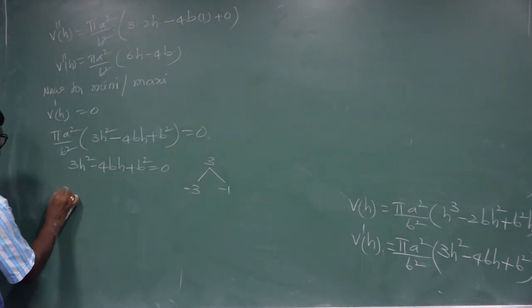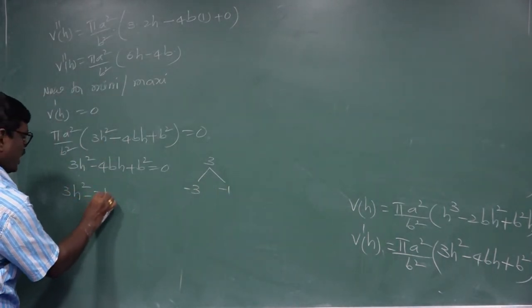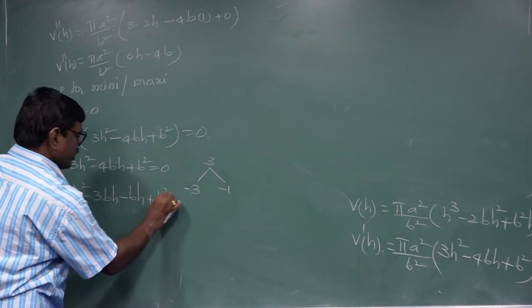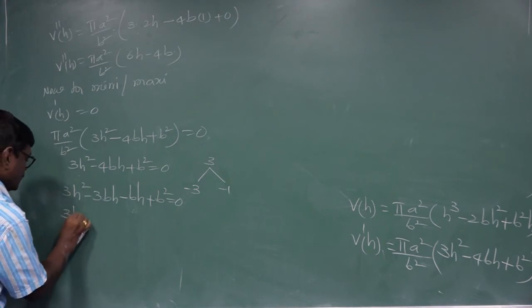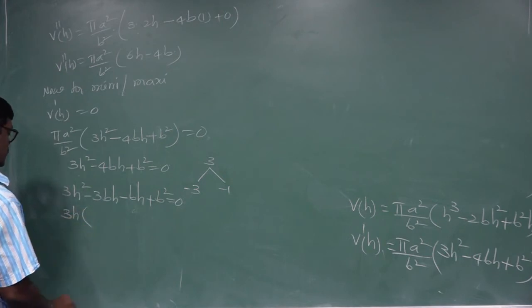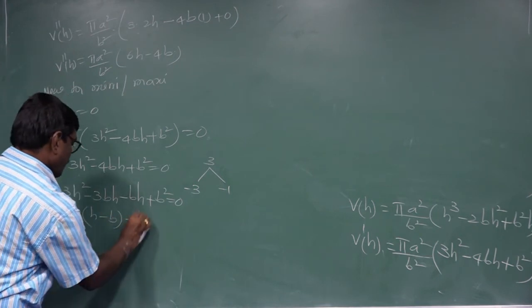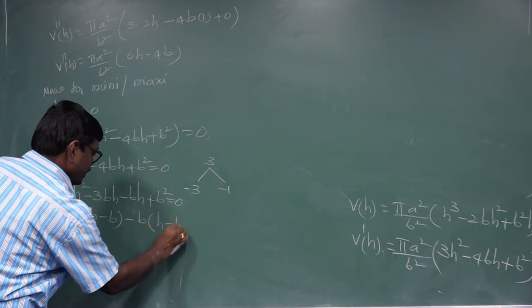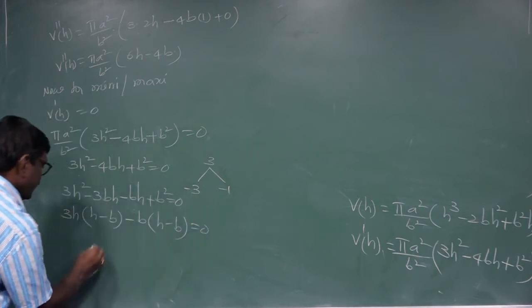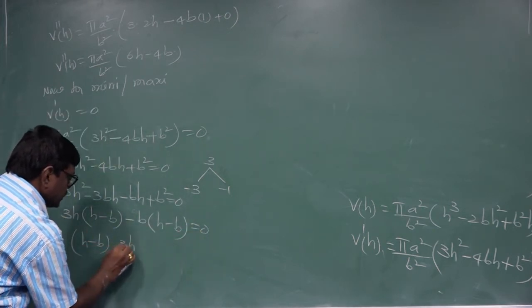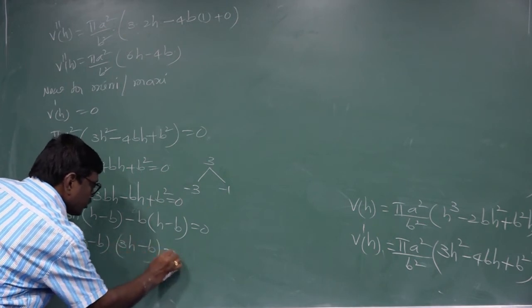So 3H square minus 3BH minus BH plus B square equal to 0. 3H common, H minus B, minus B common, H minus B equal to 0. Take H minus B common: H minus B into 3H minus B equal to 0.